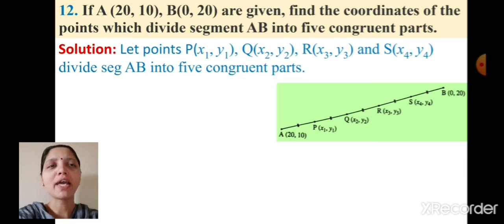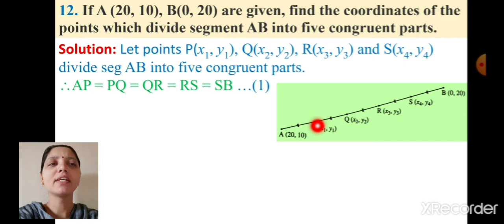That means AP = PQ = QR = RS = SB, because all are congruent parts. Write this as equation 1. Now we have to find the coordinates of point P, point Q, point R and point S. So let's start with point P. How can we find its coordinates?